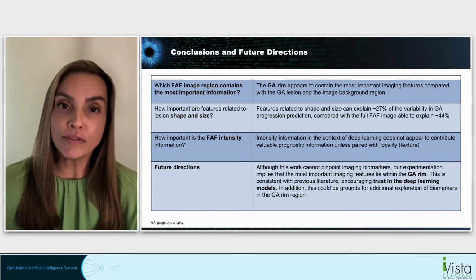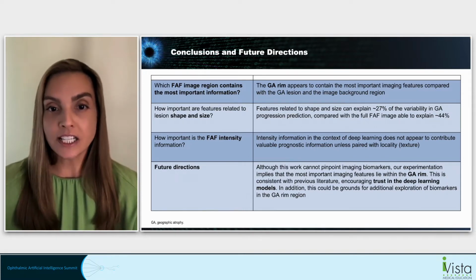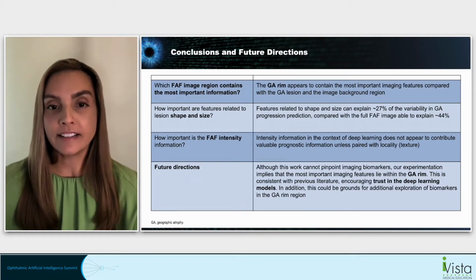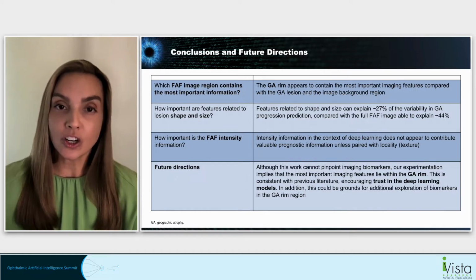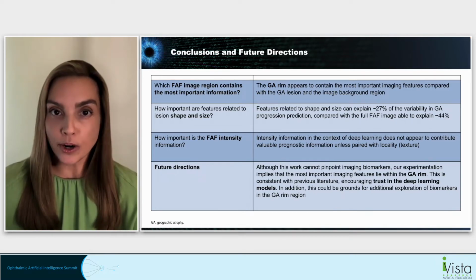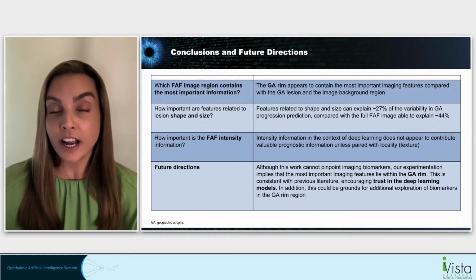So 2 main future directions coming from both works that we shared today. Even though those exercises cannot pinpoint exactly the imaging biomarkers that give us the most important features, we know that they are close to the GA rim. And again, that can help us to better understand, identify future biomarkers that could be used in future clinical trials as endpoints. It can shed additional light into disease pathogenesis and understanding.